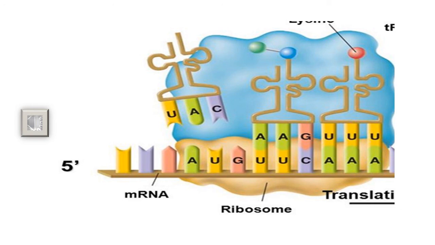From the right side, we have a tRNA that carries a red amino acid and has anticodon U, which is complementary to codon A. The second tRNA, which carries an amino acid with blue color, has anticodon AG that is complementary to UC.